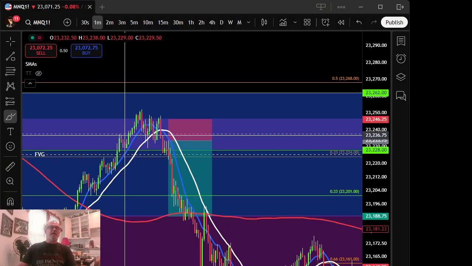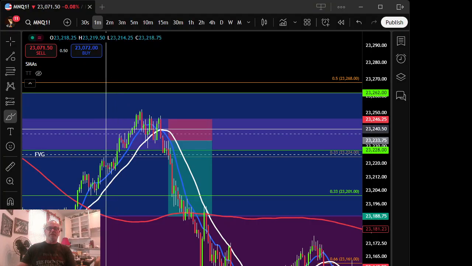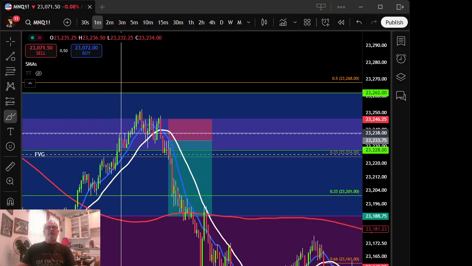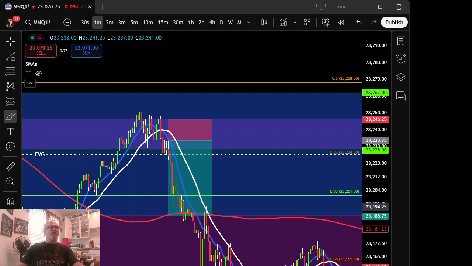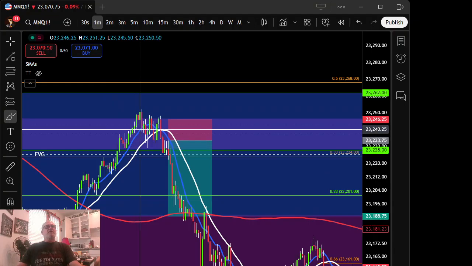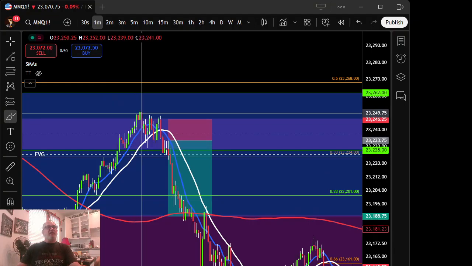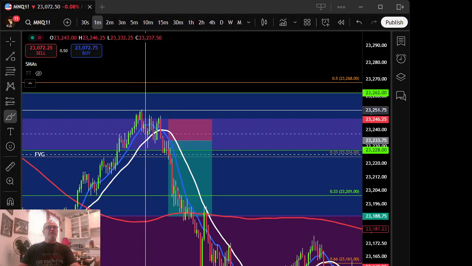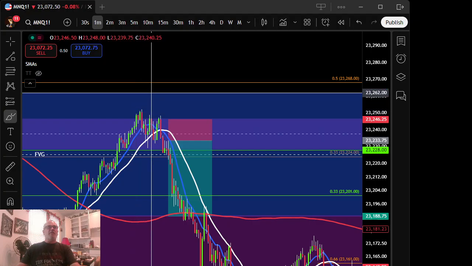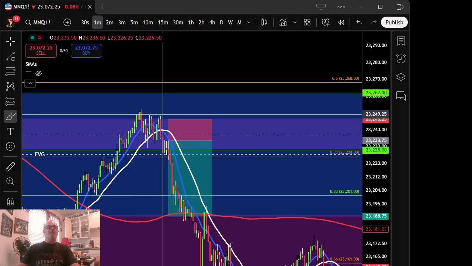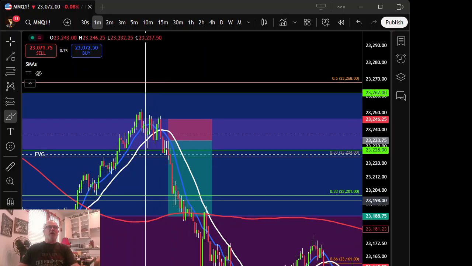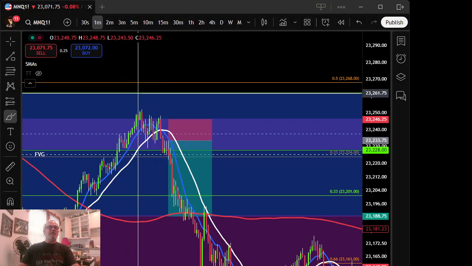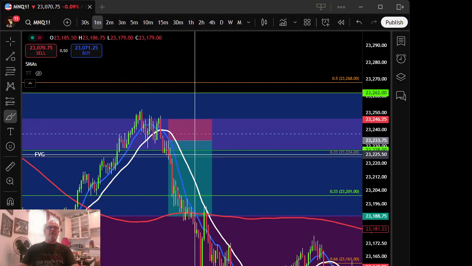We hit the midline, and there's an inverted fair value gap just above the midline of this 4-hour, which is the blue box. So we got above the inverted just a little bit, tapped up here. I was looking for us to come in to this green line here because that is an order block opening price. And I was expecting to hit that order block up there and rebalance this 4-hour fair value gap.